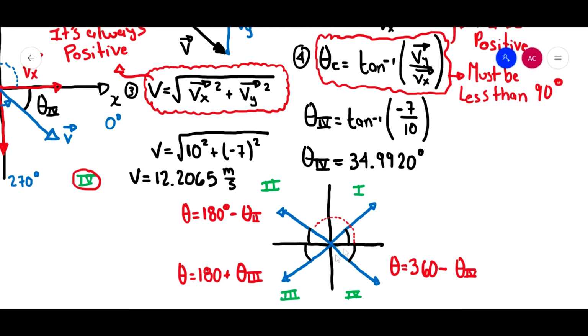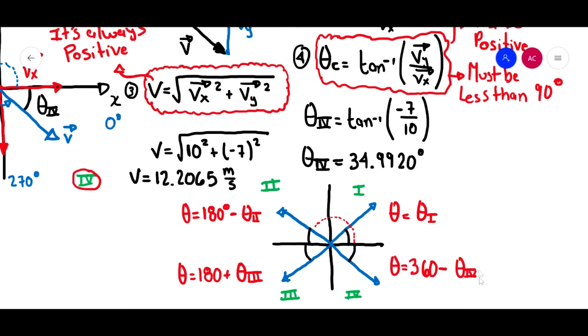Which angle? This one over here. And in the first quadrant, the angle equals the angle that I found for the first quadrant. So these are the four formulas that we need in order to find the total angle, depending on which quadrant the vector is in. It is very important that you have these four formulas.